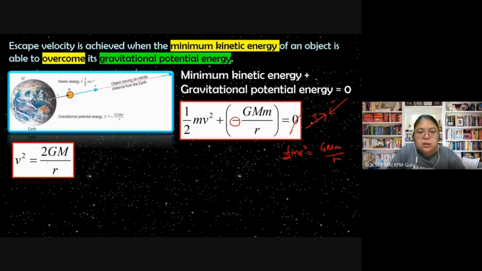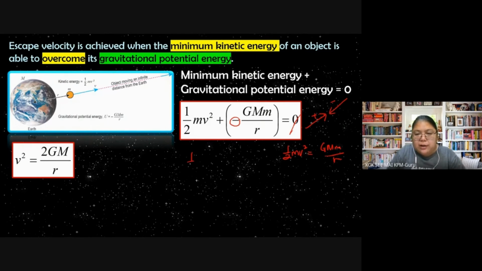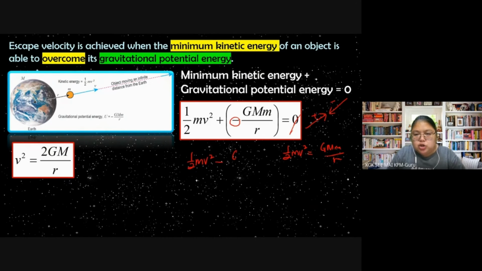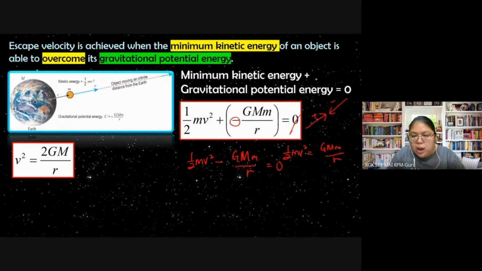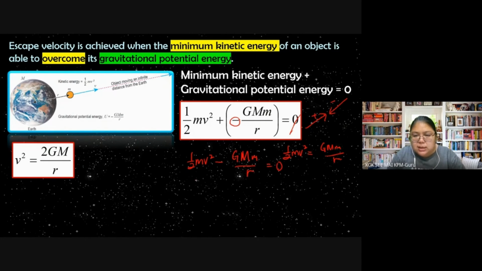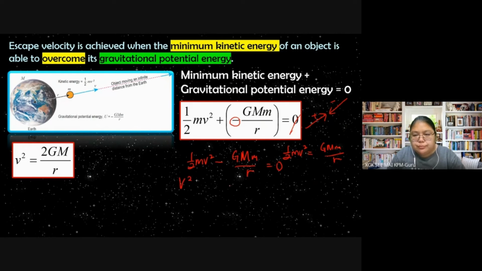I want to get V. Half mv square minus GMm over R equals 0. I want to get V square, so I take the V square out first. Okay, I need to show the calculation.